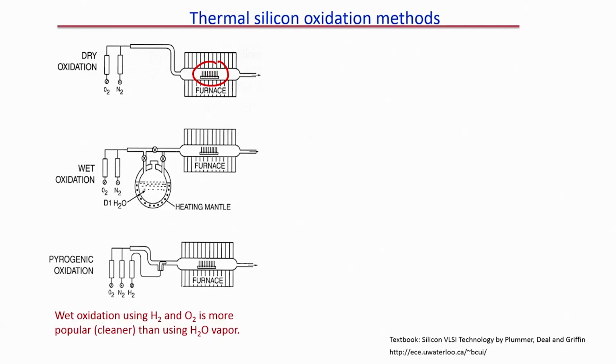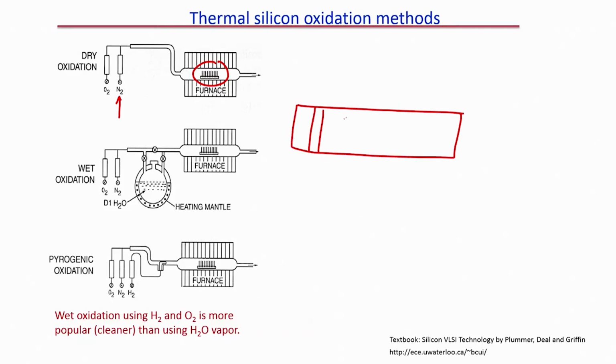So, we will first introduce nitrogen and purge out the oxygen and other gases from the chamber, so only nitrogen is there. Now, we will insert wafers on a wafer holder.